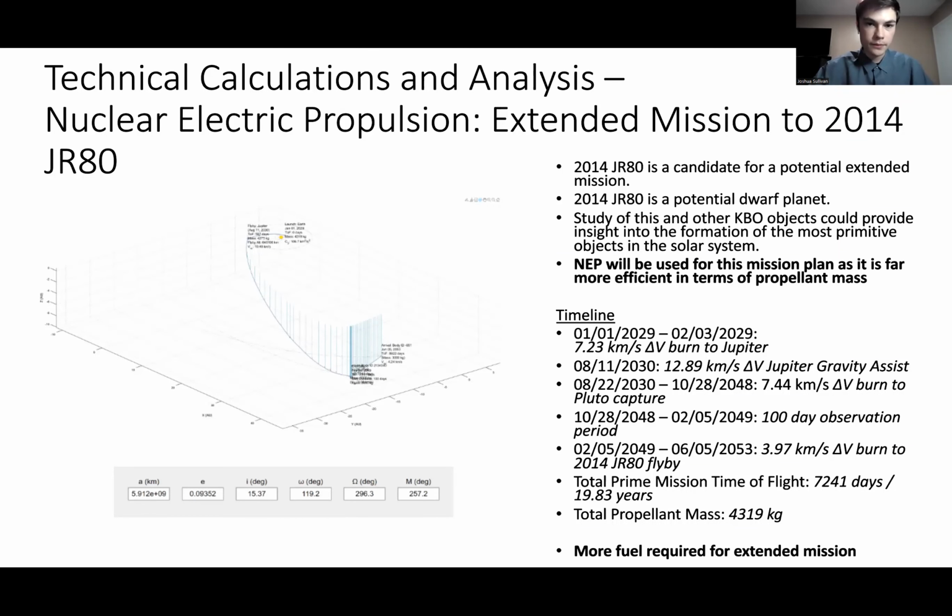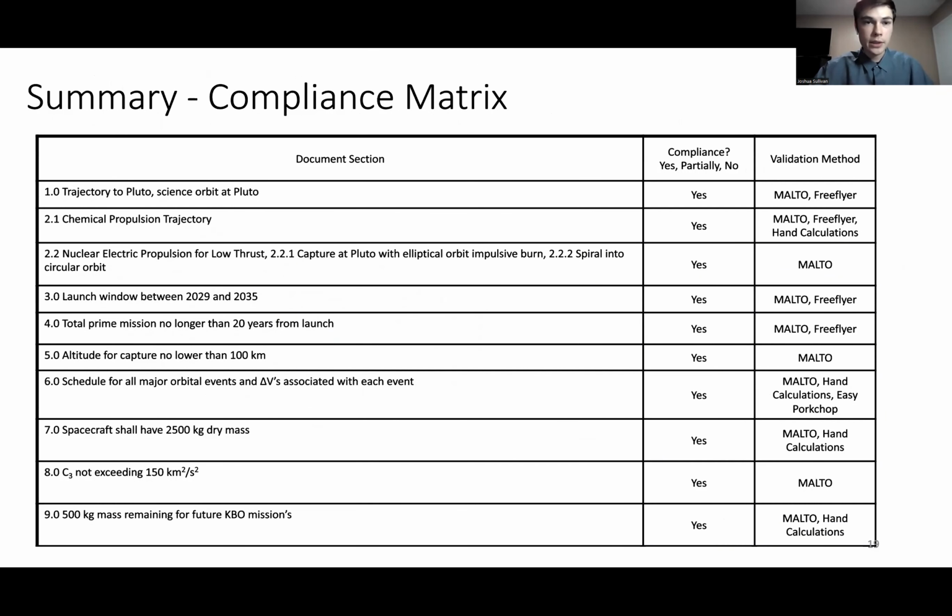Next slide, please. And then finally, to summarize our findings, this is a compliance matrix in which we analyze the different document sections and the different objectives that were given to us.